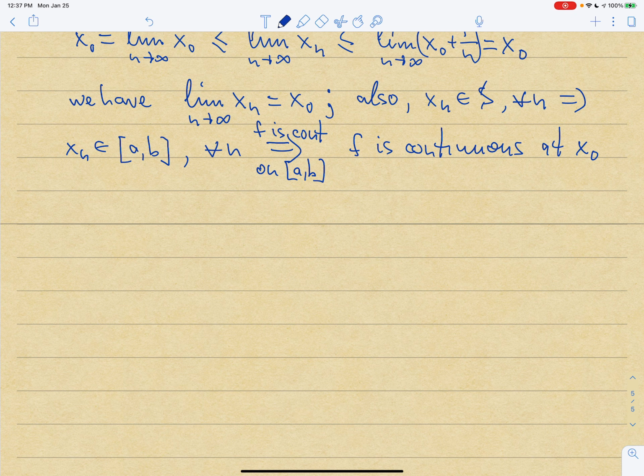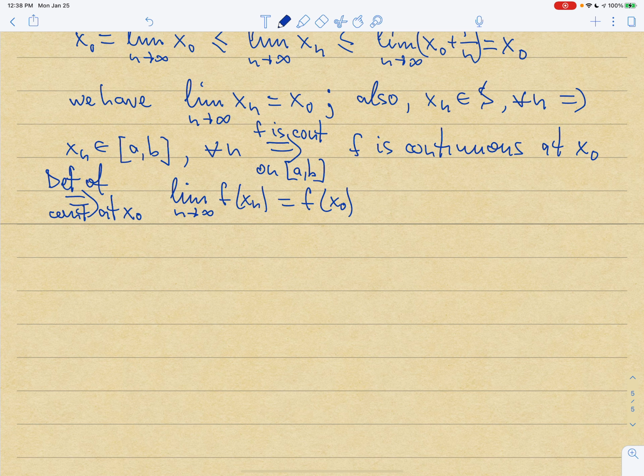Now, which one of these can I use? Well, I can use continuity at x0. If xn converges to x0, then by definition of continuity at x0, continuity at xn seems to be irrelevant. We have that the limit as n goes to infinity of f of xn must be equal to f of x0.